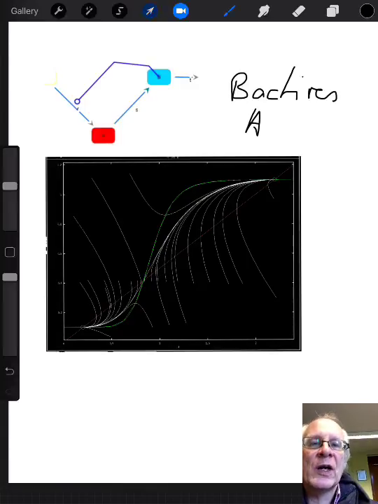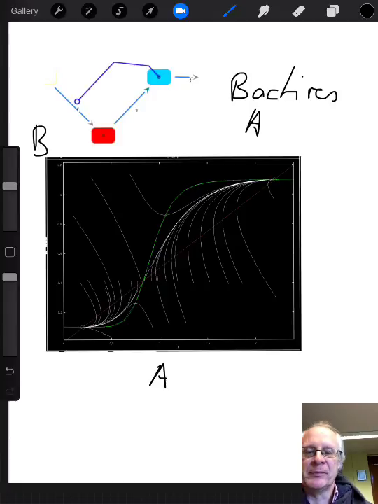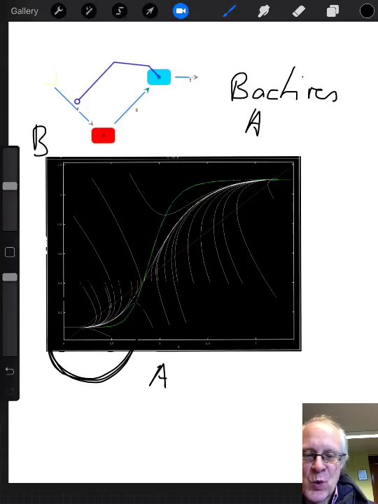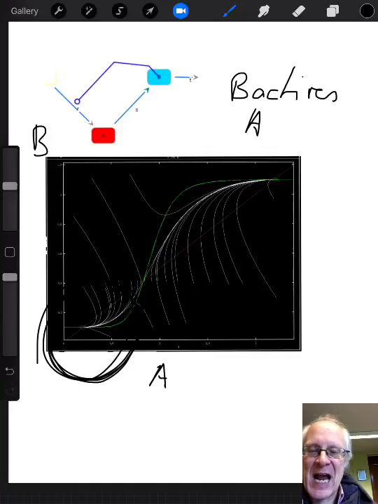Here on the x-axis we plot A and here we have B. And what we end up with is a bizarre situation. Here we have the situation for A and B if A and B are small.